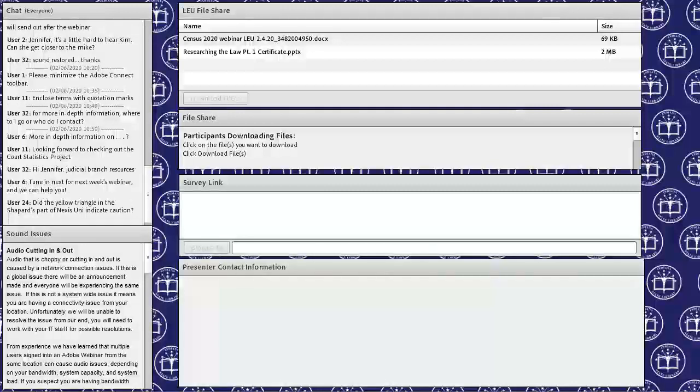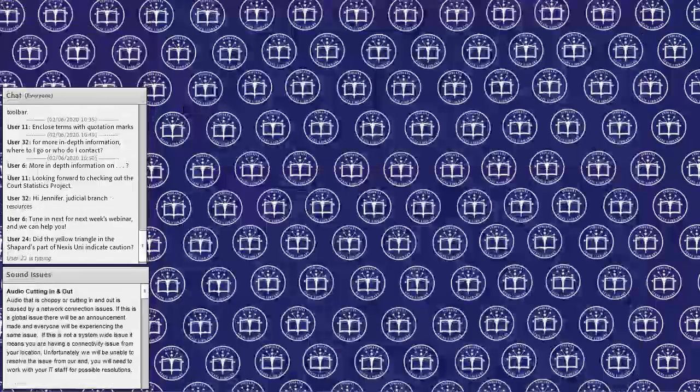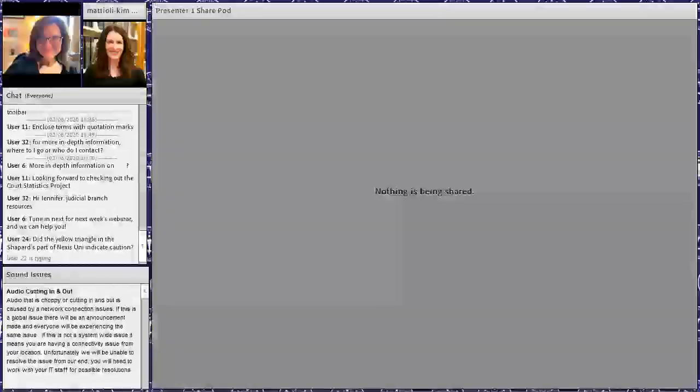Someone's typing right now. Did the yellow triangle in the Shepard's part of Nexis Uni indicate caution? Yes, that's exactly what that indicates. So I can actually go back and see. It should tell you what the caution is. So when this says distinguished by, if there's a caution, if there's a yellow signal, that means you can still rely on the case, but there is some reason that another court has disagreed with this particular ruling, like maybe a very small issue.